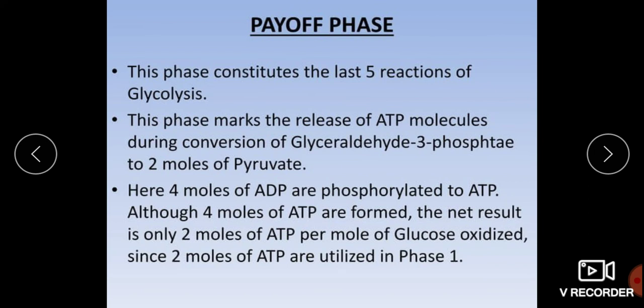But in the preparatory phase there is a consumption of 2 ATP molecules, and here in the payoff phase there is a generation of 4 ATP molecules. So 4 minus 2, the net result is 2. That means when 1 mole of glucose is oxidized, it leads to formation of 2 moles of ATP.